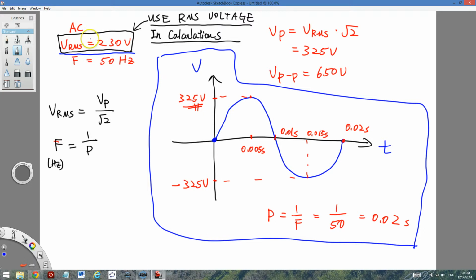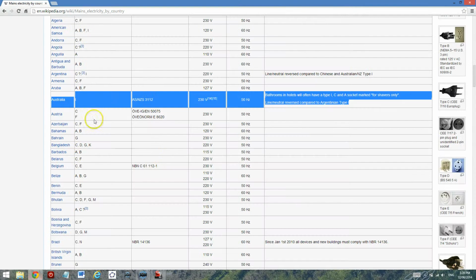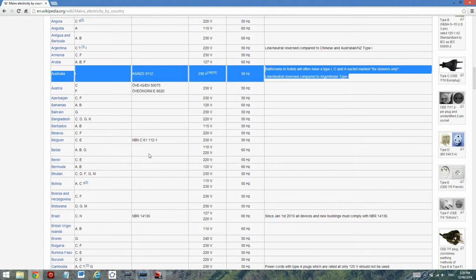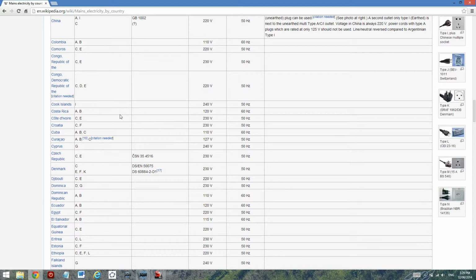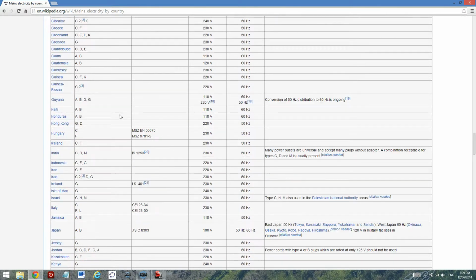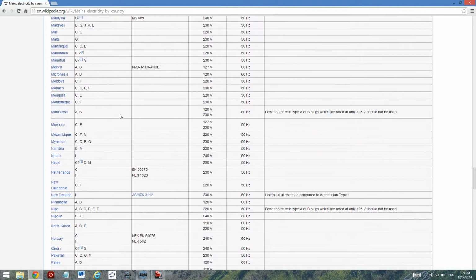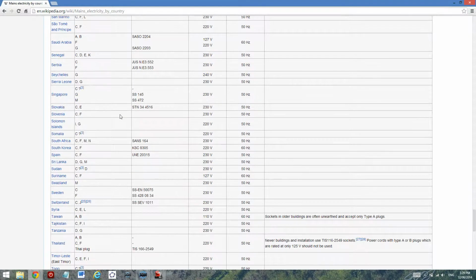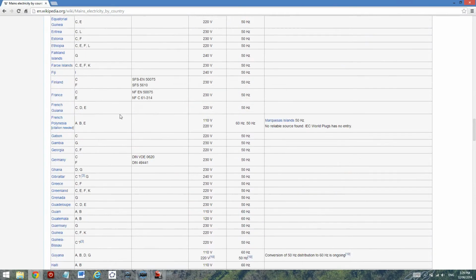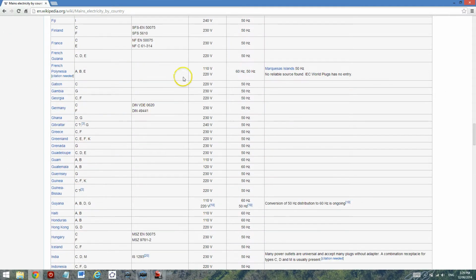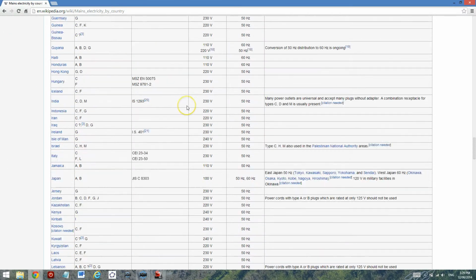So if I tell you that somehow I got an electric shock with the AC current, let's use Japan as an example here.